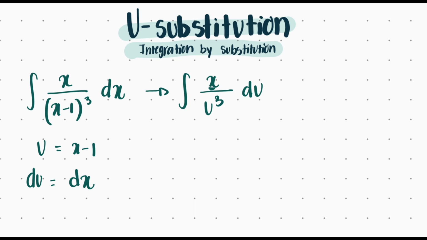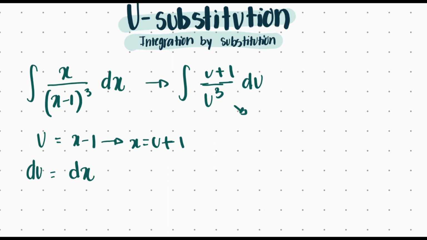Since we chose the value of u to be x minus 1, we can easily find x from here. That would just be x is equal to u plus 1, right? And then we can replace x in here with this u plus 1. And by doing so, we see that our integral is finally in terms of u, and we can finally solve it.